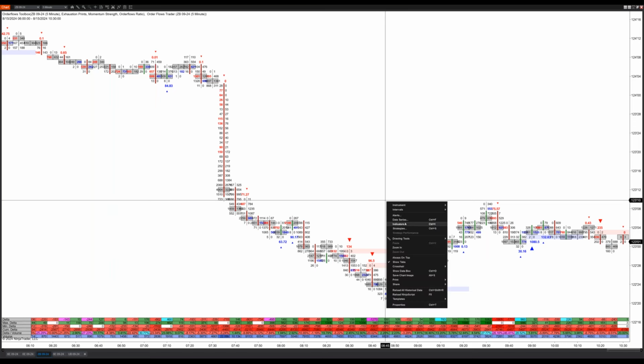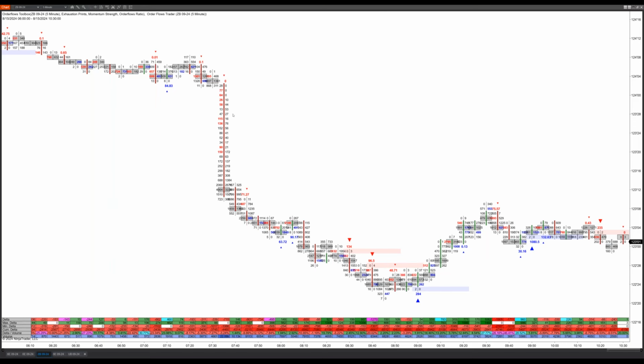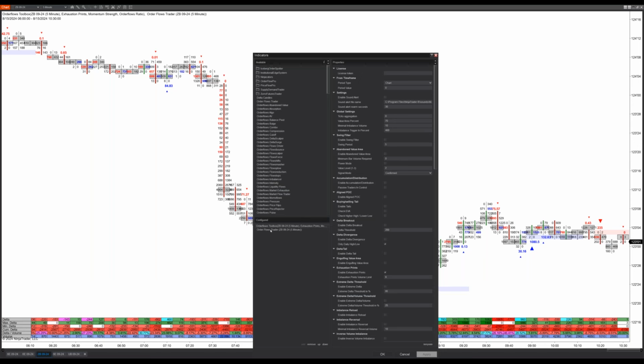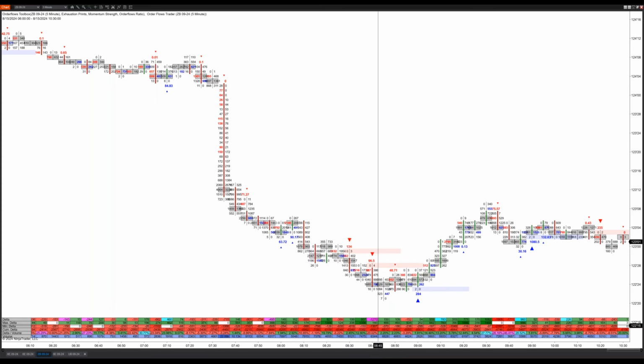On this chart I have my footprint, and you can see Orderflows Trader as well as the Toolbox on it. This one is showing me exhaustion prints, momentum strength, and Orderflow ratios. So that's what you see plotted here, here, here, here, here.